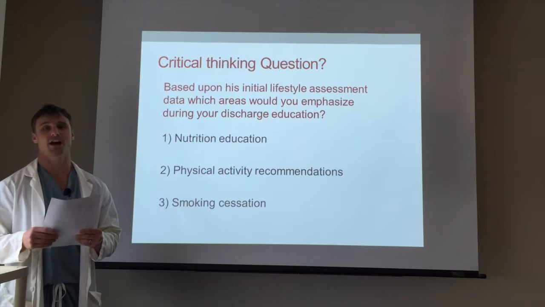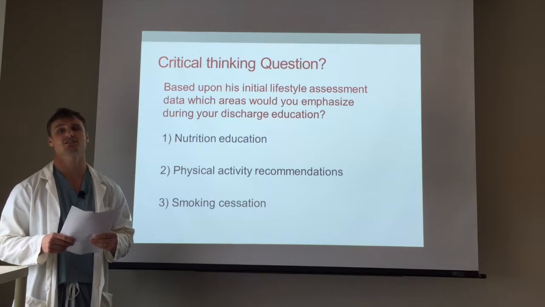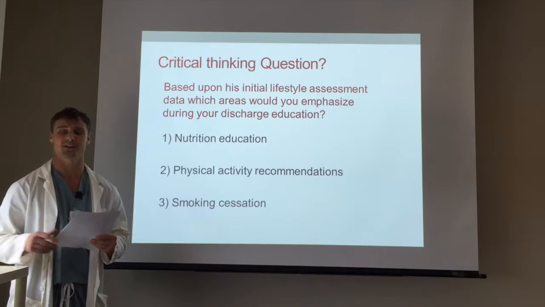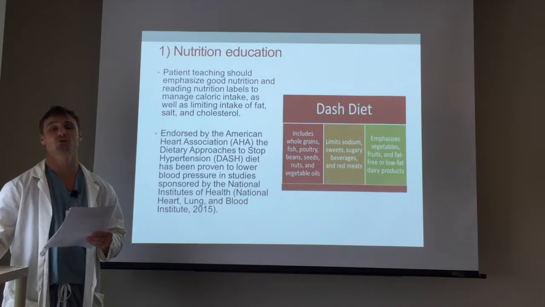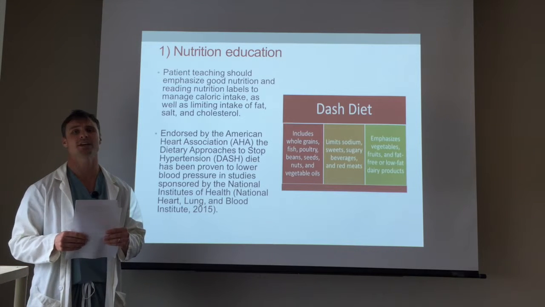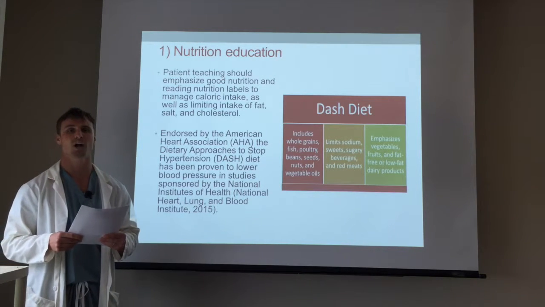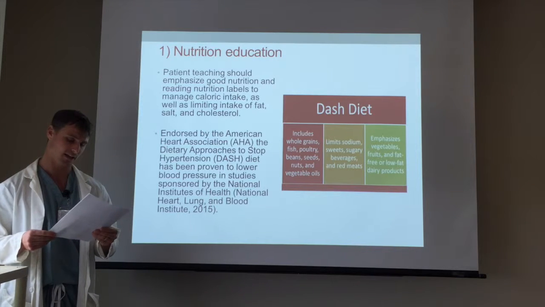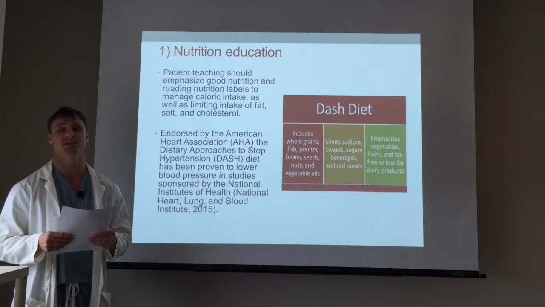The 3 major areas would be nutrition education, physical activity recommendations, and quitting smoking, or smoking cessation. Nutrition education. As a nurse, it would be important to educate patient X about how to read nutrition labels, as well as good nutrition habits.